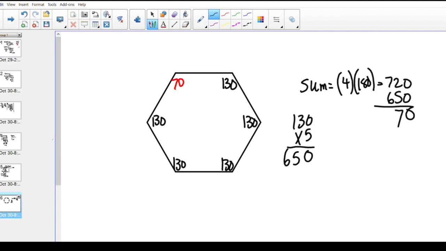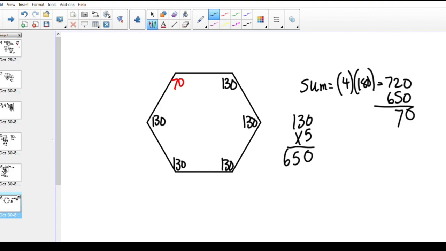Regular means they're all equal angular and equal what? Lateral. Convex means it doesn't have any what in it? No dents. Perfect. Nothing caved in. I guess you could say it's not caved out, but most of the time you think it's caving in. Alright. With the given number of sides.